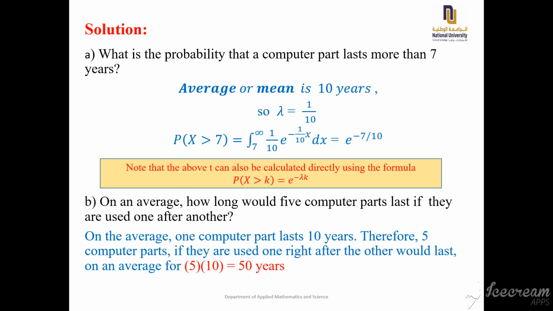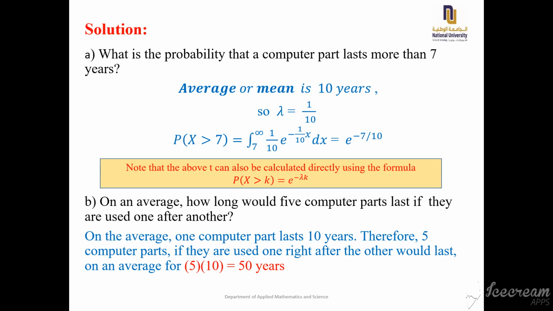Now question 2. If we know that on average one part lasts for 10 years, and if we have 5 computer parts and they are used one after another, so they are independent, how long would 5 computer parts last?